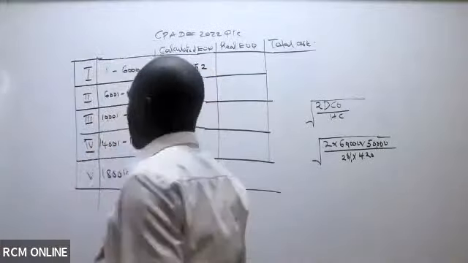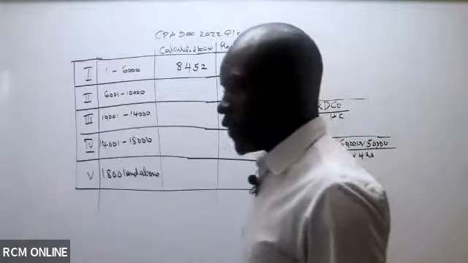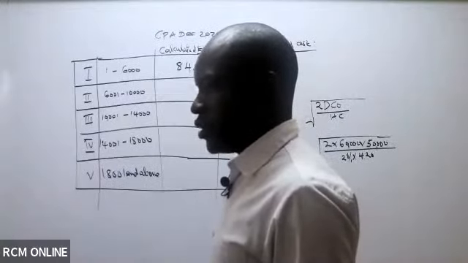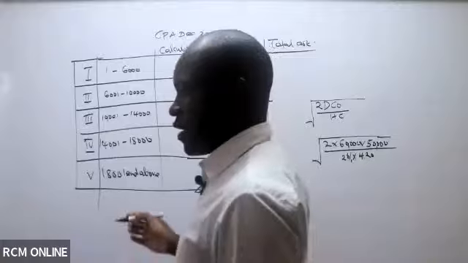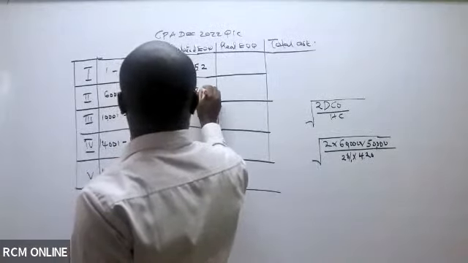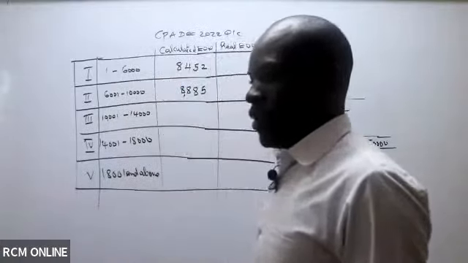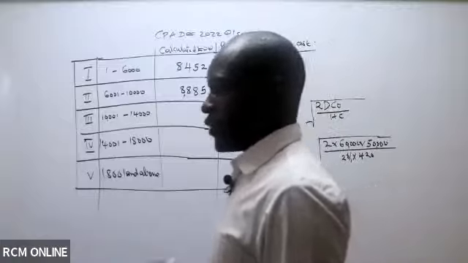Good. How about the second one? Second range. 8885. Third range, what are you getting? 93.93.